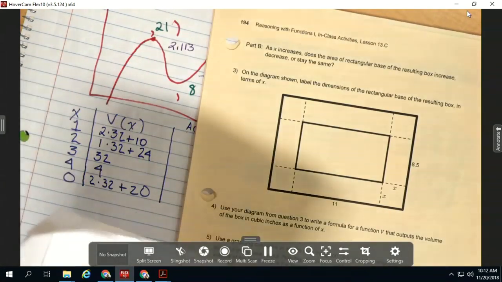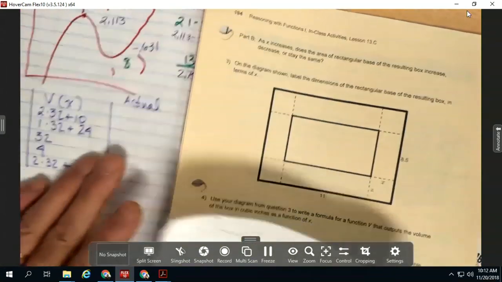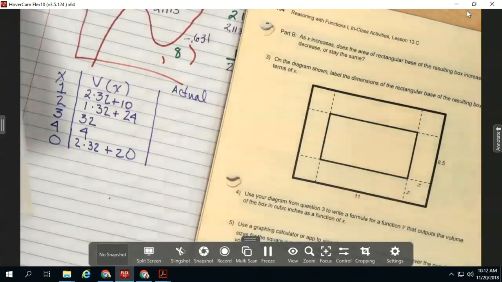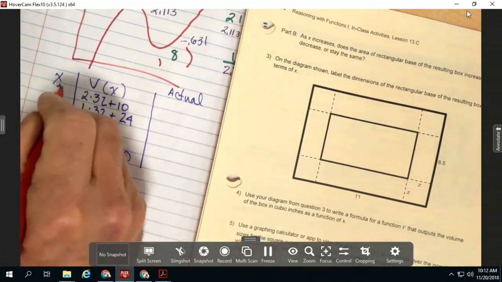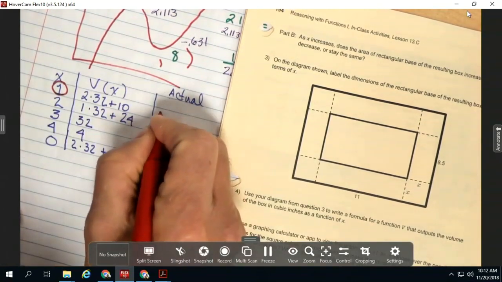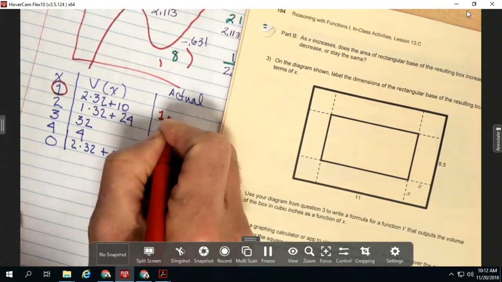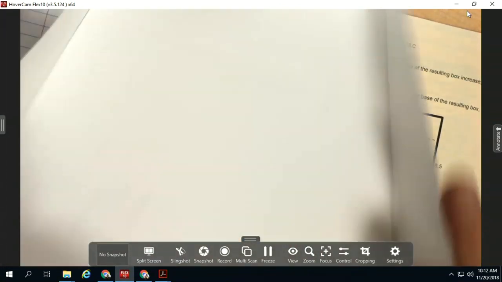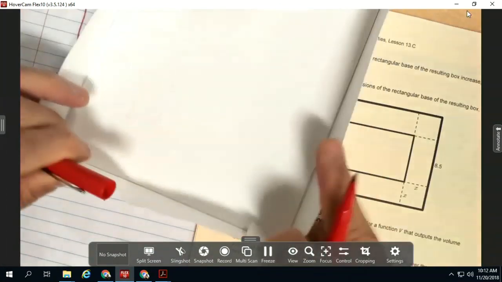If you have a 1 inch cutout, the height is 1 inch. By, so if it's 1 inch tall here, how wide is it?